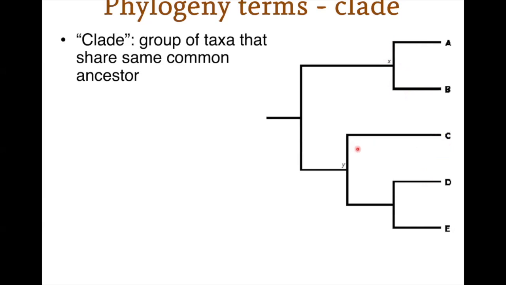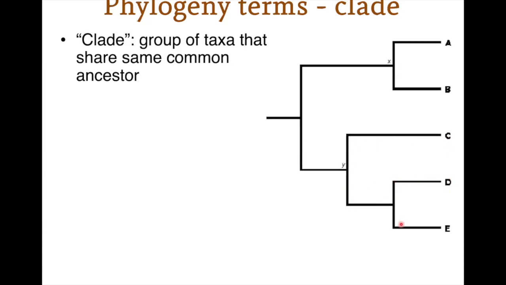Similarly, we've got a clade that encompasses C, D, and E that's defined by this ancestor Y. So let's imagine these are species. So this was an ancestral species that split into two populations that went on and formed species C, and then another one that then split again to form D and E, okay? So C, D, and E form a nice clade.